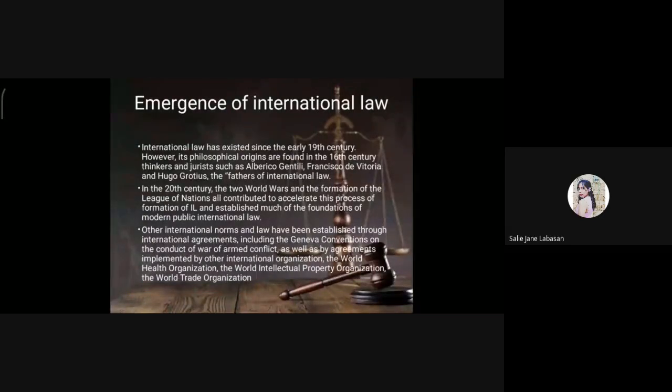While Francisco de Victoria was concerned with the treatment of the indigenous people by Spain, and he invoked the law of nations as basis for their innate dignity and rights. While Alberico Gentili is considered a founder of international law.